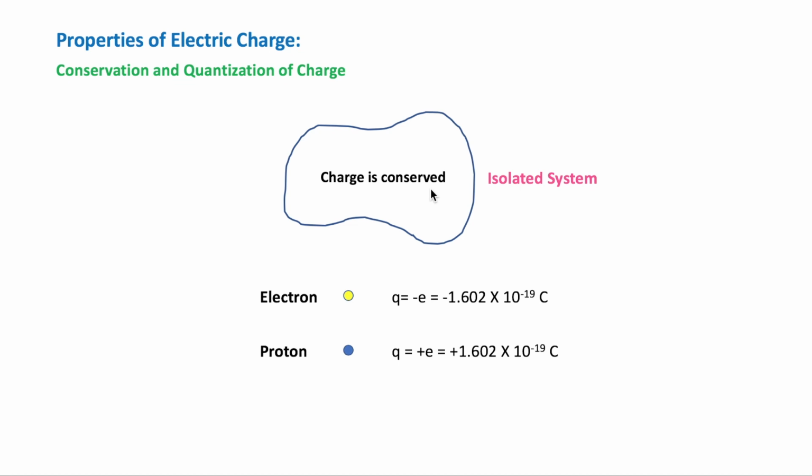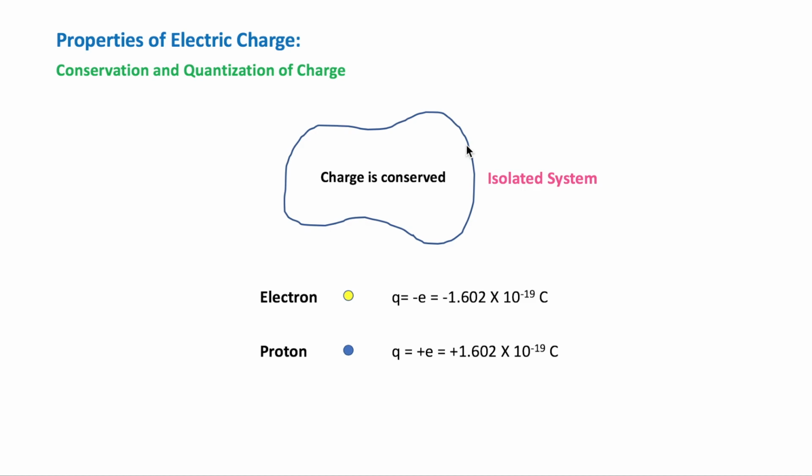So if these two objects are isolated from the surrounding environment, no transfer of charge occurs across the boundary. For example, when a glass rod is rubbed with silk, as in the previous example, electrons transfer from the glass to the silk, and so the silk obtains a negative charge while the glass is left with a positive charge.